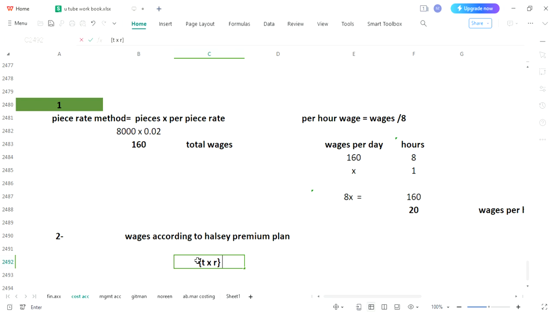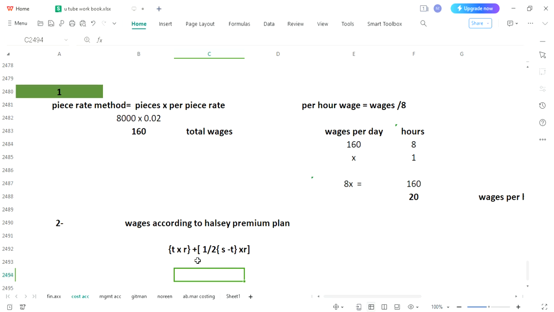Then you will add. A big bracket would be started, and here you will be writing 1 over 2. This is fixed. And again a small bracket will start. S minus T would be written. Close the bracket and multiply with small r, the rate per hour. Finally, you will close the bracket. So this is how you will calculate your wages.